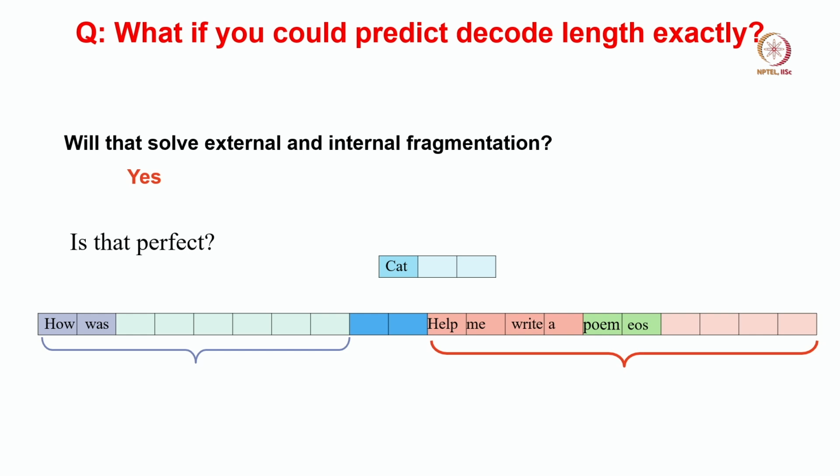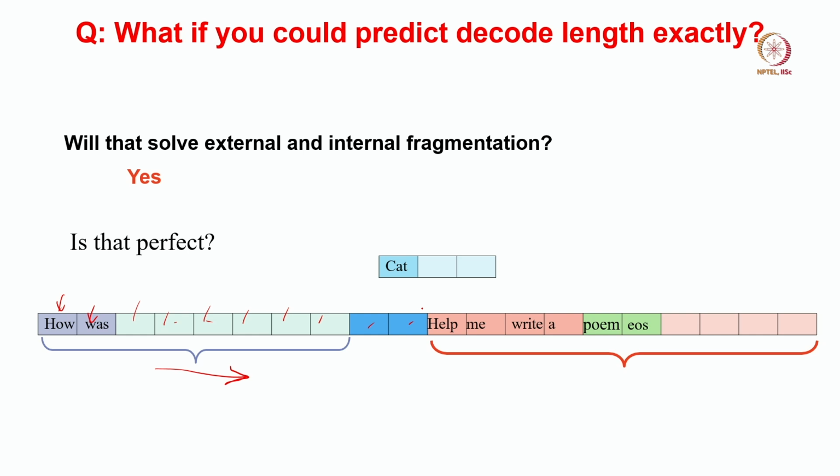Now let us say in the first prompt we have allocated this much memory. Assume that somehow we predicted that the decode length will be 8. So 2 tokens were there in the prefill, and then we predicted that 6 more tokens will be there, which is good because that left some space.